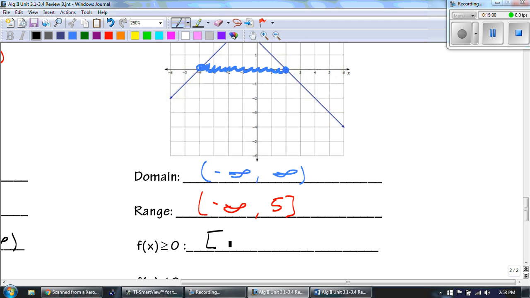We're above 0 from negative 4 to 2, which means from negative infinity to negative 4, I am below, and from 2 to positive infinity, we are below. So negative infinity to negative 4, there's that break, and then it picks back up at 2 to positive infinity.